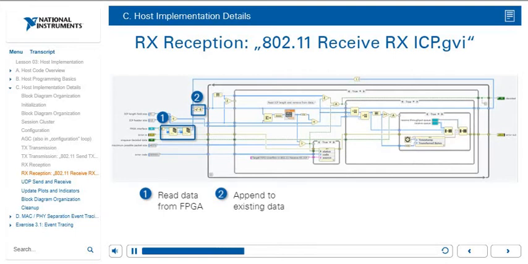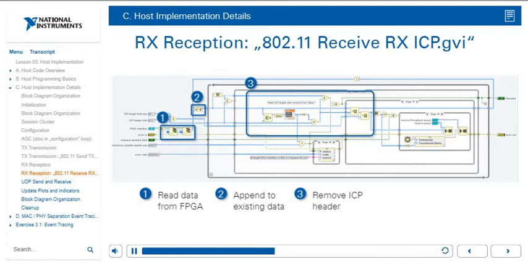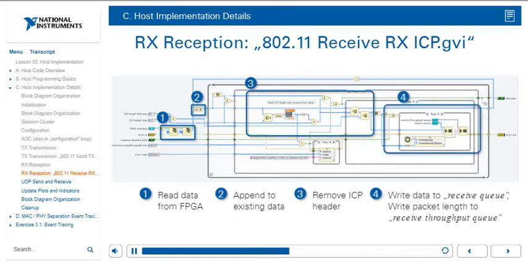The second part appends this data to existing data using essentially array manipulation. The third chunk of code in the box removes the ICP header. And then the fourth chunk of code writes the data to the received queue and writes the packet length to the received throughput queue. This data can now be accessed in other loops on the host that are running in parallel to this reception loop.